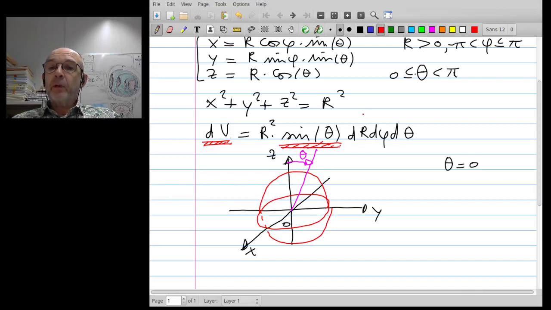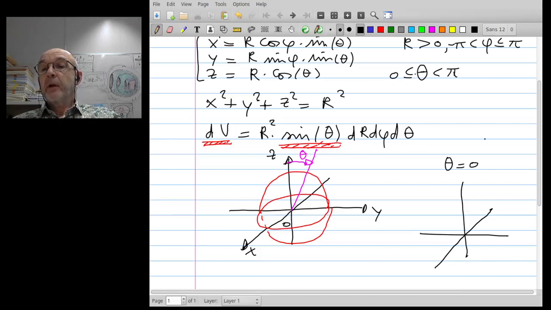you measure what kind of step you make with your volume. And if your theta is 0, you are at the z-axis, and what do you see? That you have that volume there. So you are at a point here.